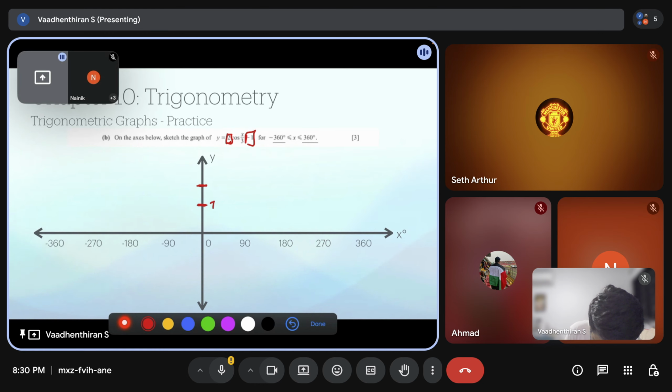So that means it will start at 1, y is equal to 1. Have you understood why it starts at 1? Do you want me to explain again, anyone, if they are not getting it?